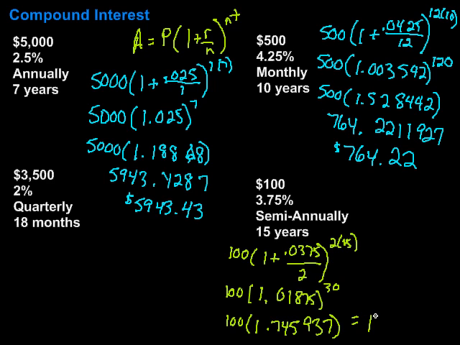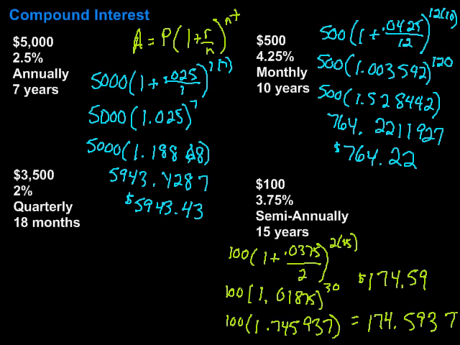And then I multiply those two things, and finally I have, and we're multiplying by 100, it's just basically going to be moving the decimal over 2 spots. So 174.5937. Okay, so then it's money, so I want to round to the nearest cent. So it'd be $174.59. Okay.